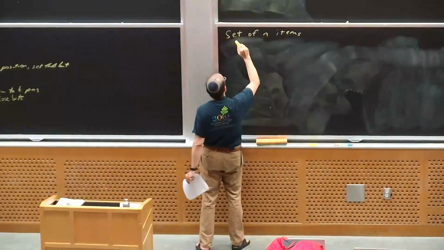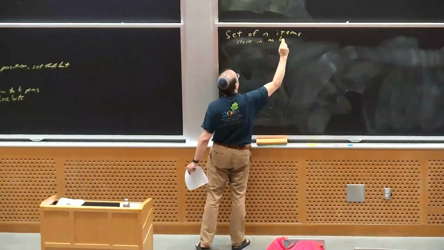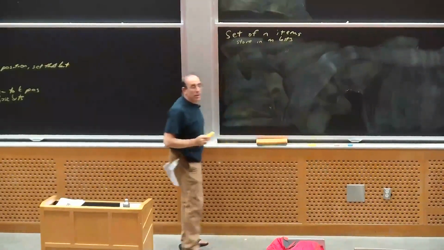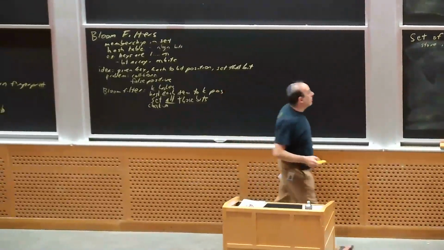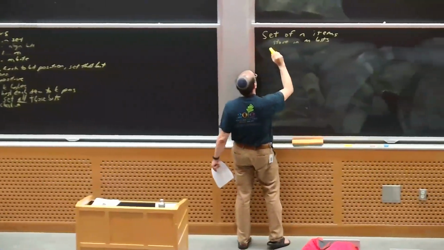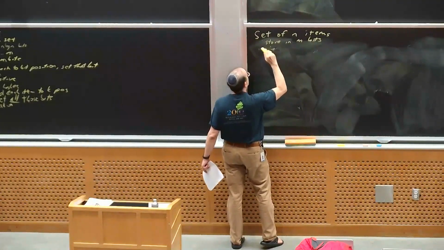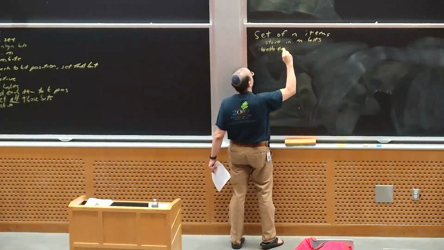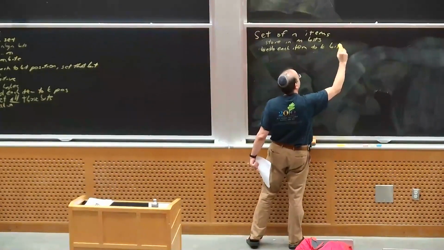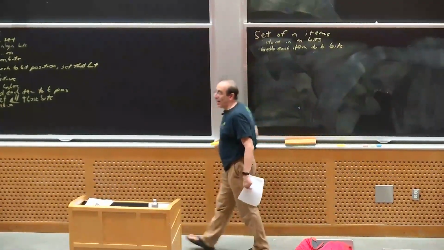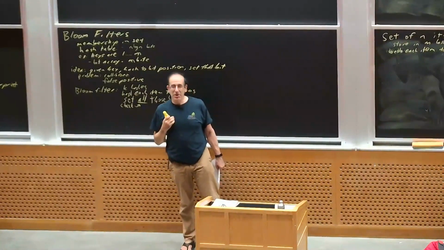So we have a set of n items, and we want to store a representation of these n items in a collection of m bits. Okay. And the way that we're going to do it is by hashing each item to k bits. Okay. And m and n are given to us, but we can choose whatever k we want, and we're going to figure out how to optimize it.